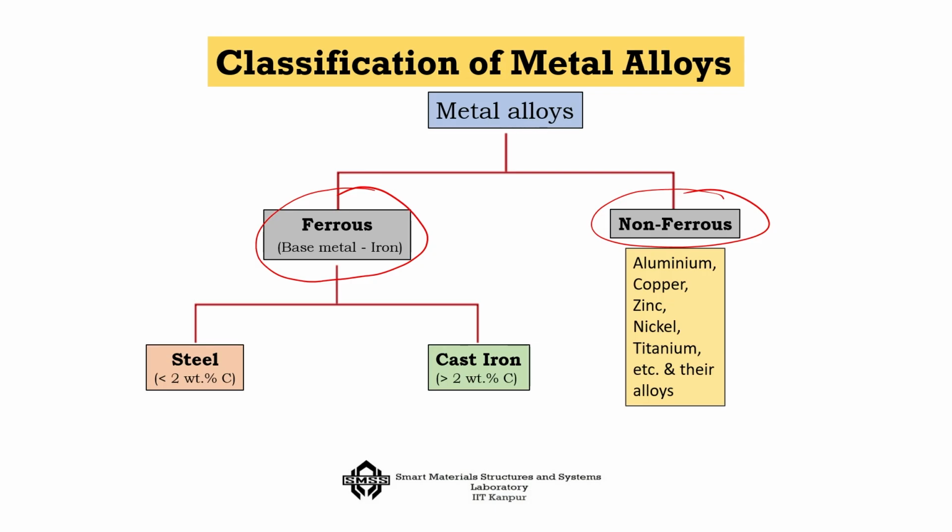Now, today we are going to focus on ferrous alloys, and there are two broad groups: the steel group, where the percentage of carbon is less than 2%, and the cast iron group, where the percentage of carbon is greater than 2%. On that basis, though we will broadly divide, we will soon see that there are many ramifications of these groups even inside steel or inside cast iron.